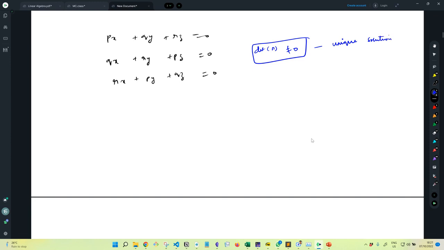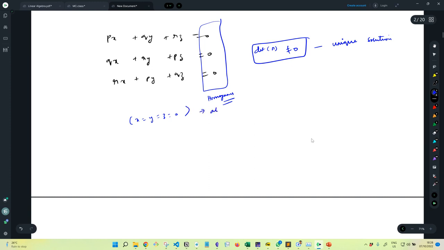This is when the system will have a unique solution. And just now we discussed that for any homogeneous system, by which I mean all the constants in the equations are 0, x equals y equals z equals 0 is always a solution.